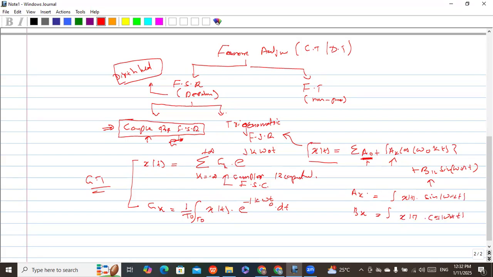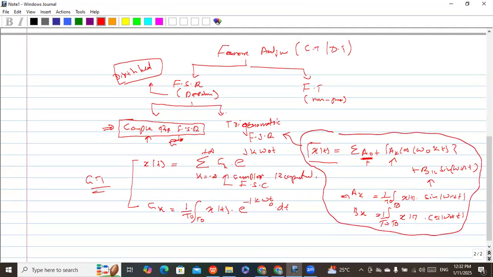I'm not sure, maybe wrong, but it looks like this. The integration should be within a period. But we are not going much into this part; we are mainly focusing on the complex exponential Fourier series representation.